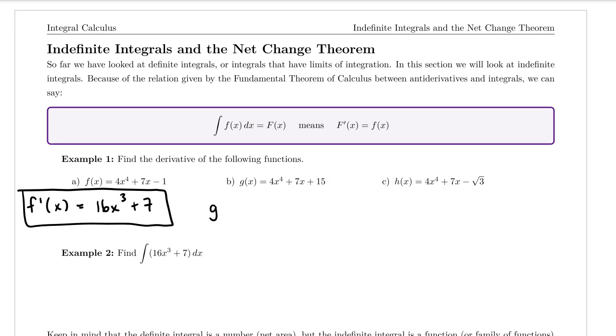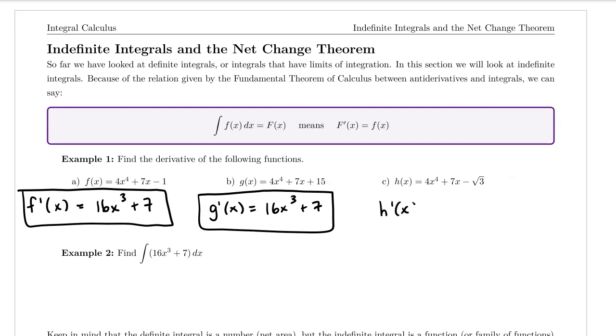For part B, we have g prime of x is equal to 16x cubed plus 7, and then once again we have 15, and the derivative of a constant like 15 is 0, so here is g prime of x. And lastly, h prime of x is equal to 16x cubed plus 7, and the minus square root of 3, if we take the derivative of that, that's also equal to 0.